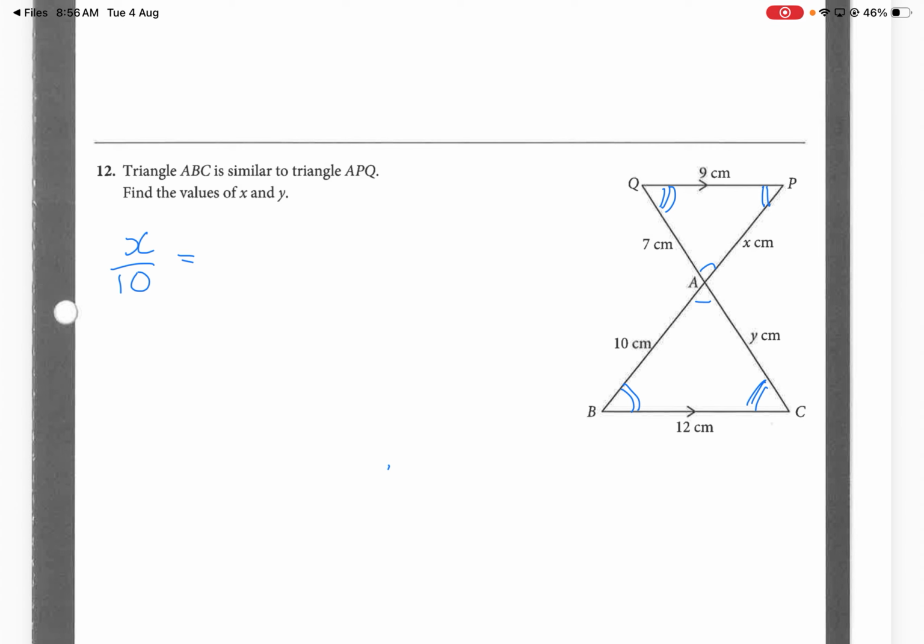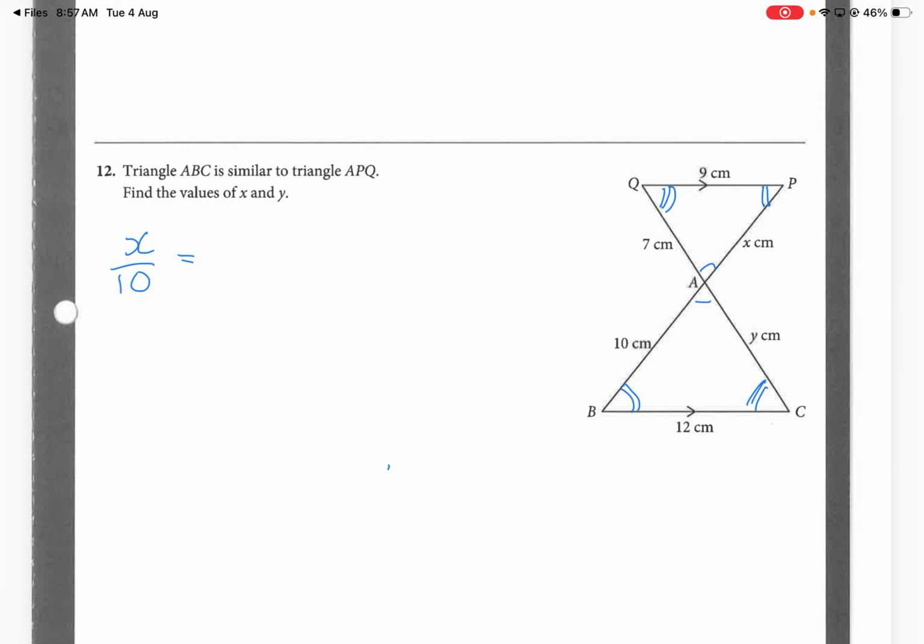Now, the question is, is it 9 over 12 or 12 over 9? 12 over 9 is big over small. My x is my big or small? Small. Small over big, so here I must also put small over big. So should it be 12 over 9 or 9 over 12? 9 over 12.